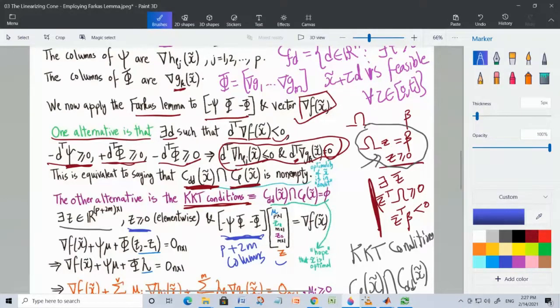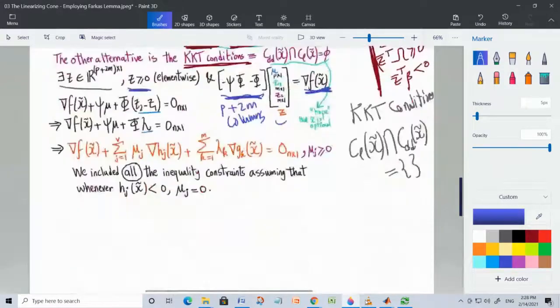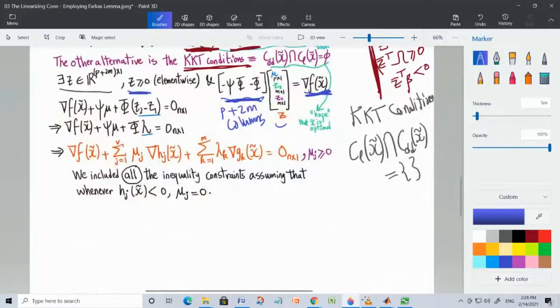So there exists a non-negative vector such that the vector of the Farkas lemma, which is the gradient vector, is equal to the matrix multiplied by this vector here. Now, basically multiply.